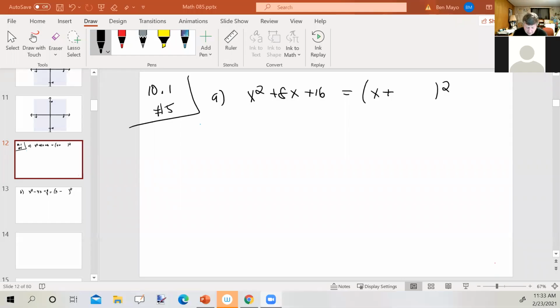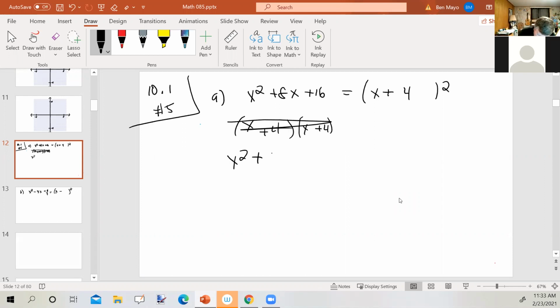Now there's a couple of ways we can approach this. We can just take x squared plus 8x plus 16 and factor it. When we do that, we discover that it's a perfect square and we get that and we're done. Another way is to go back to what we looked at yesterday in terms of how we create a square.